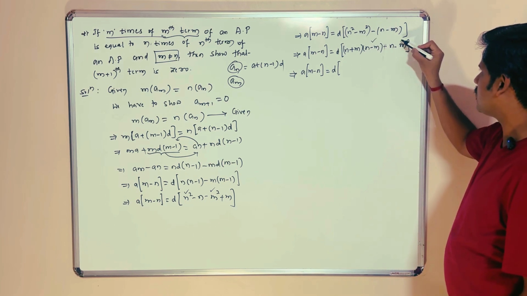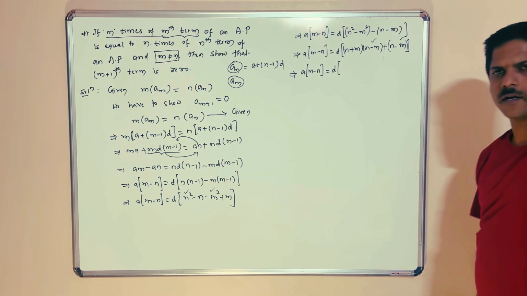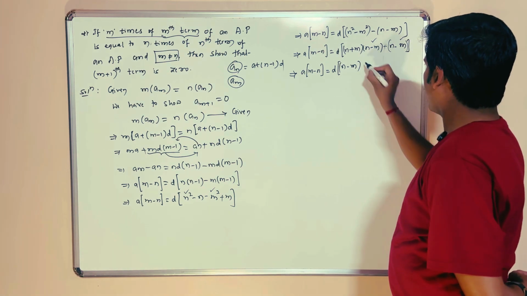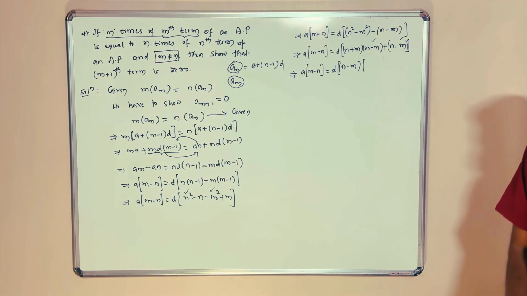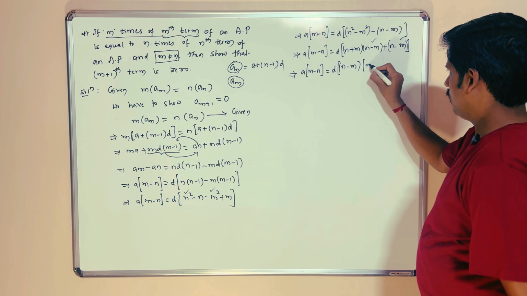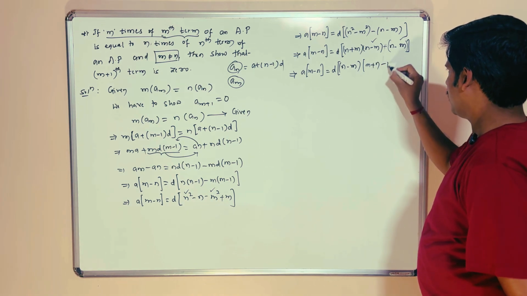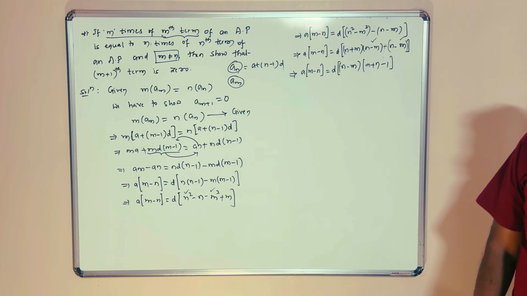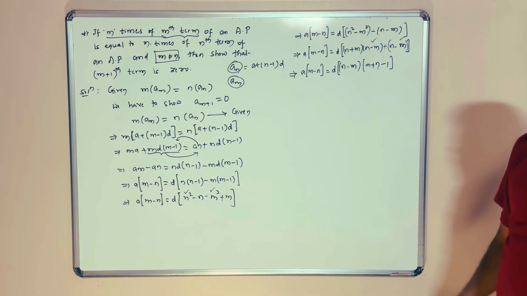Here we have n minus m common, right? I will take that one outside: n minus m. And here we remain with m plus n minus 1.